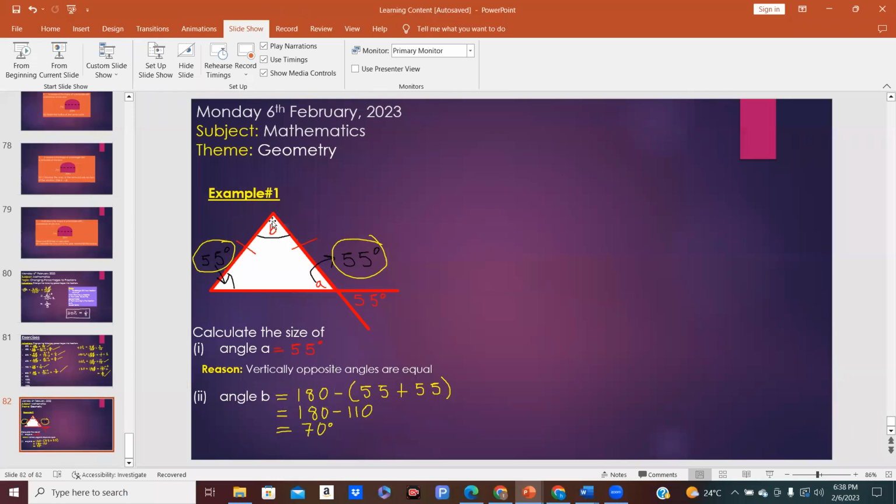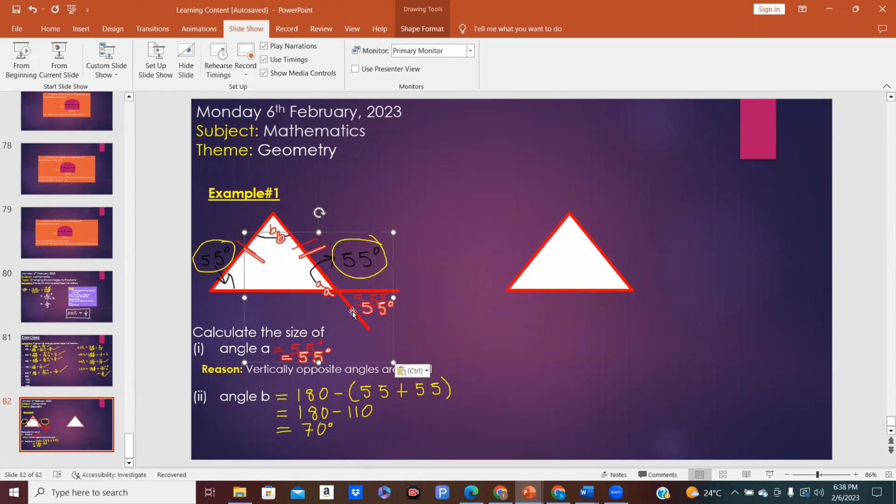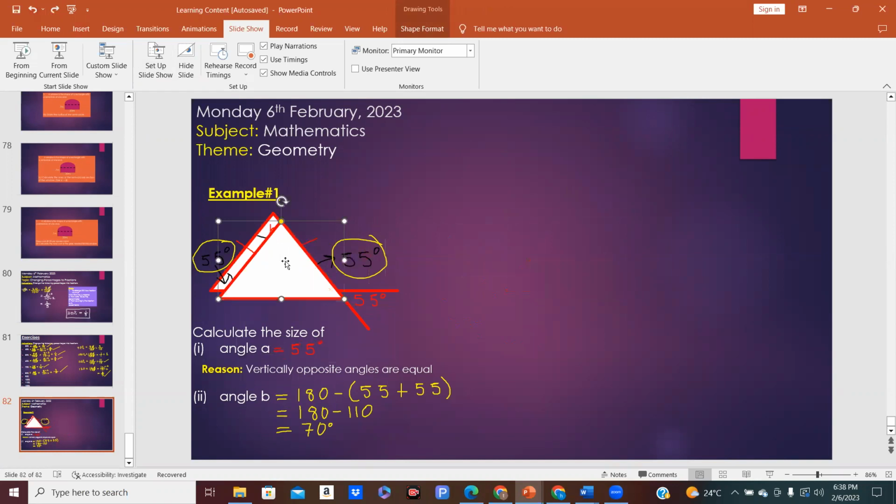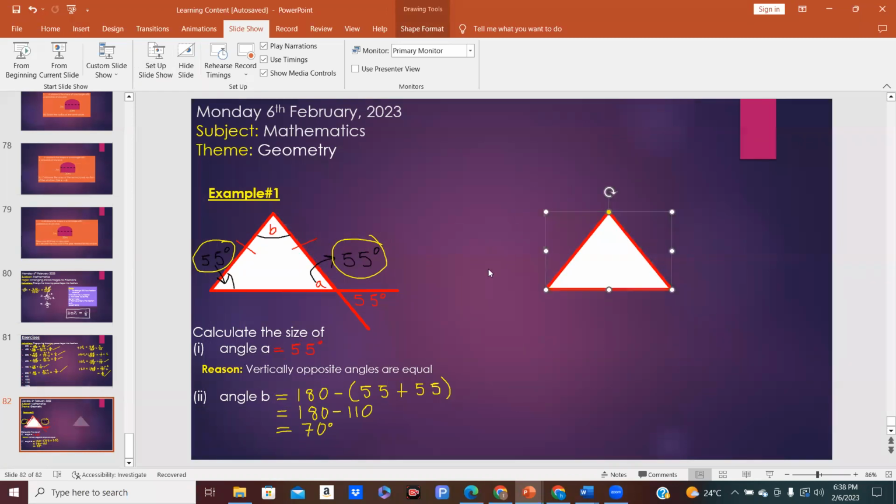Example number 2. We're going to do it side by side. Hopefully from example number 1, you know what to do for number 2. It's going to be the same thing. I'm just going to change the numbers. So we have the extended line here, and we also have this guy.